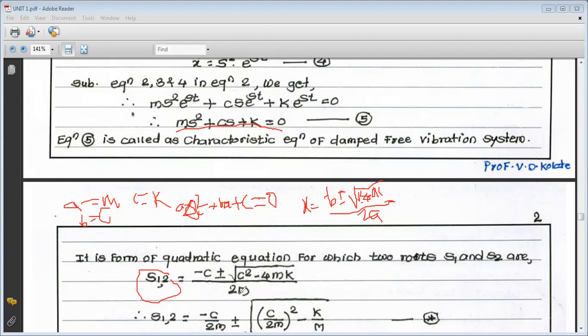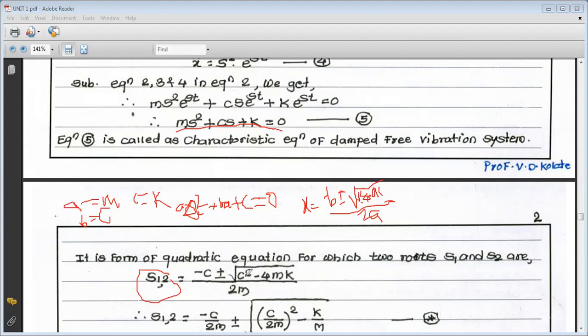Now this twice m, we can separate in both terms. So it becomes minus c upon twice m plus or minus, this twice m going inside the square root, what will it become? 4m square, right. So here the c square term is there, so c upon twice m bracket square.